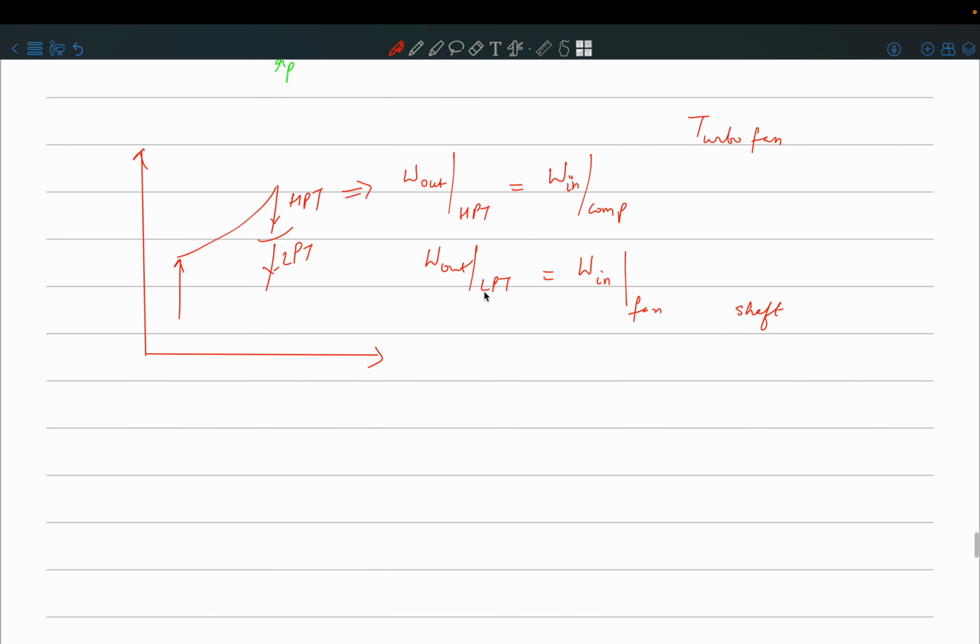So that would be given in the question, and then using this relation you can find the relation between the T naughts. So let us say this was T naught 2, T naught 3, this is T naught 4 and T naught 5, and this is T naught 6. So in the high pressure turbine it will be T naught 5 minus T naught 4, right? And in the low pressure turbine it will be T naught 6 minus T naught 5.